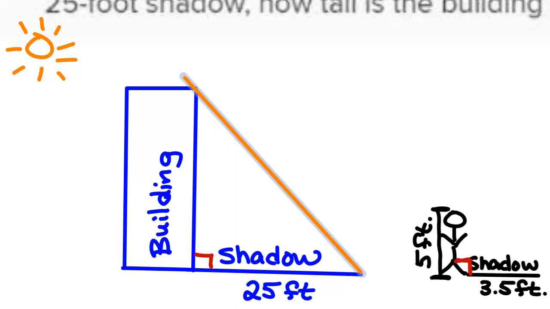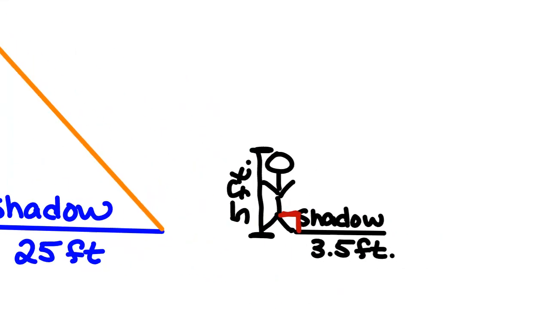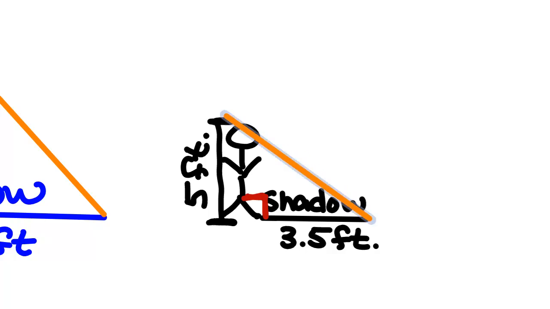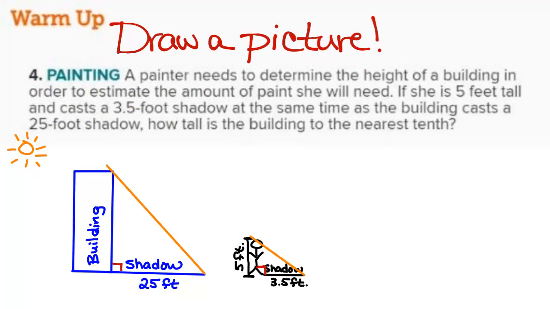So it's creating a triangle between the sun's rays, the shadow, and the object making the shadow. So we can do that on both of these. So I have these two right triangles that are similar triangles. The sun is at the same angle for both people, right? Because it's at the same time. We know they're making a right angle with the ground. We've got these two similar triangles.